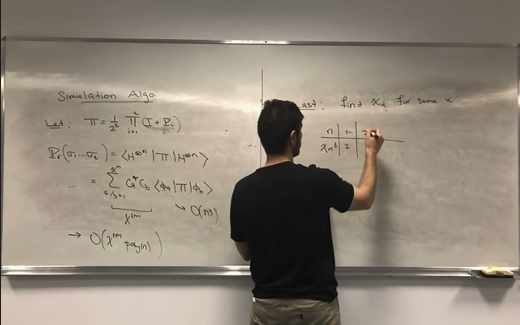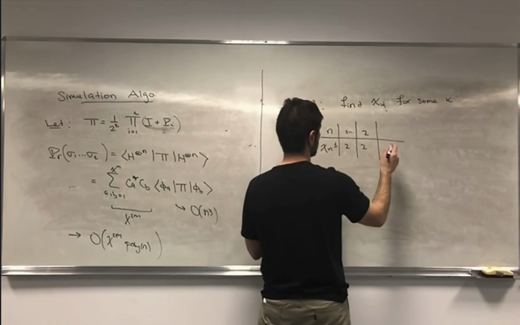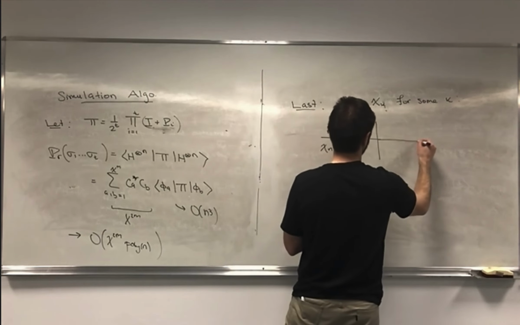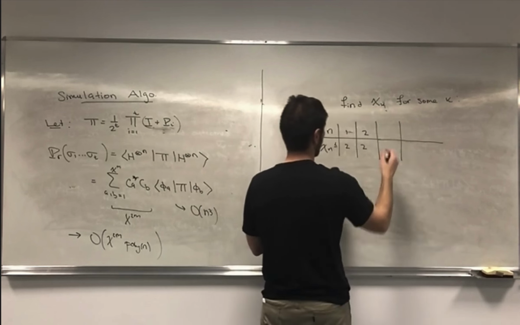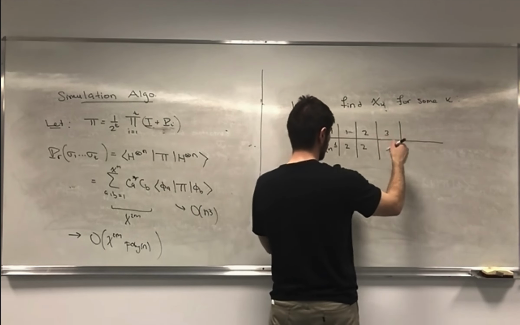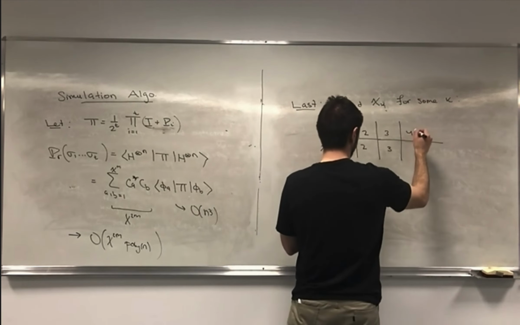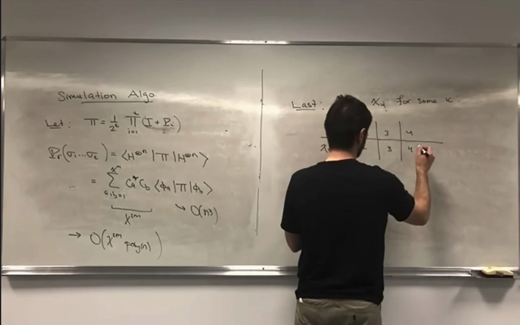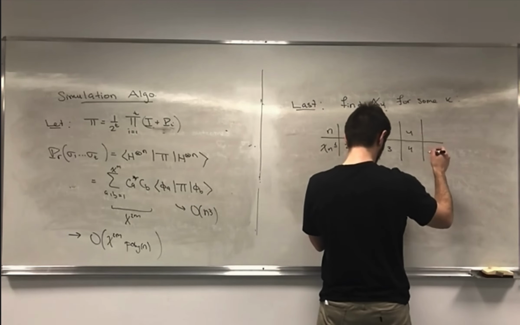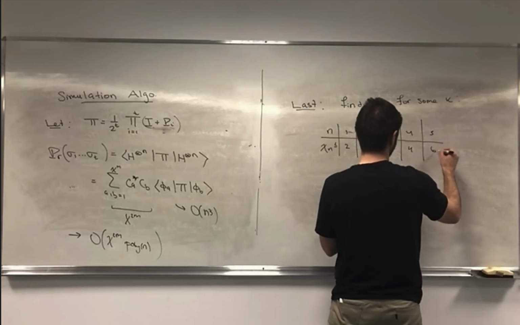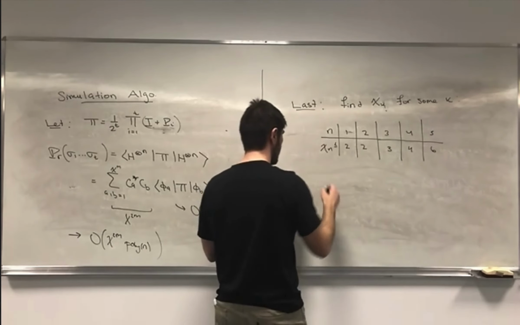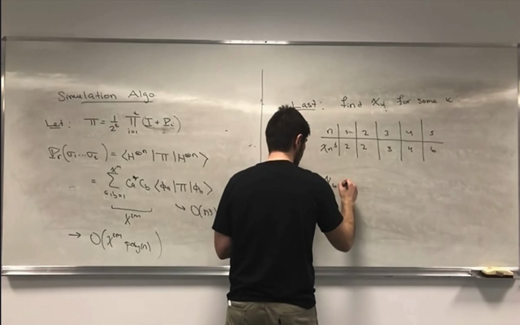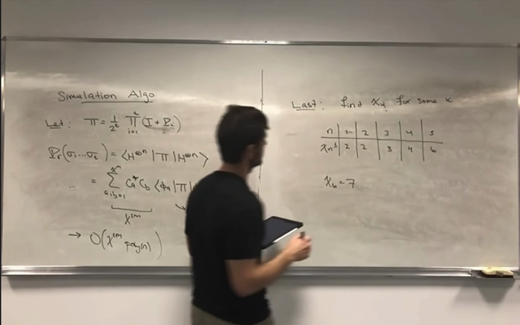For n equals 2, we also know that it's 2. For 3, it turns out to be 3. For 4, it turns out to be 4. For 5, it turns out to be 6. And the one that we end up wanting is chi_6 is equal to 7.